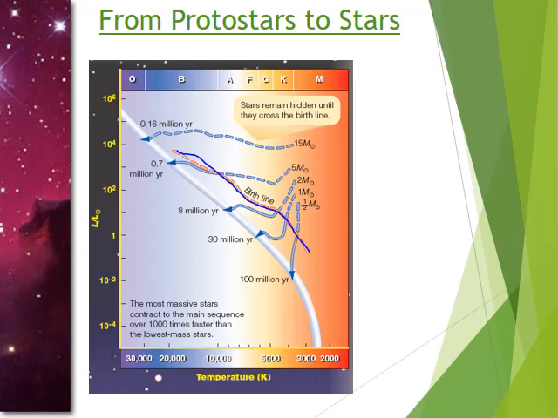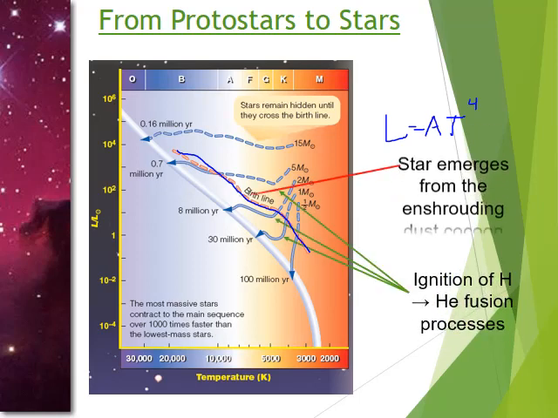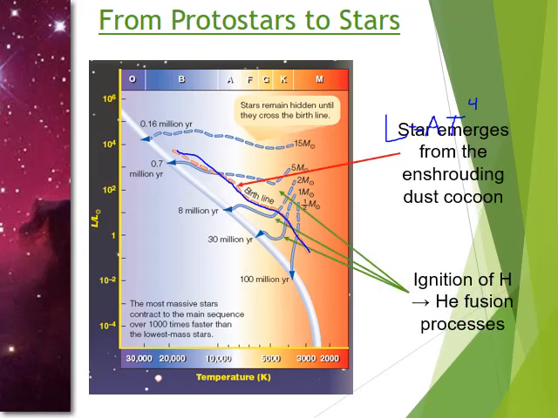Up until then, most of the heat, most of the luminosity is coming from, remember, luminosity is dependent upon the area and the temperature. So as this cloud of gas and dust warms up, it's going to become more luminous. But most of that warming occurs from gravitational collapse. And it's not until fusion takes over that you wind up creating a real star, because at that point it is producing its own energy via nuclear fusion.